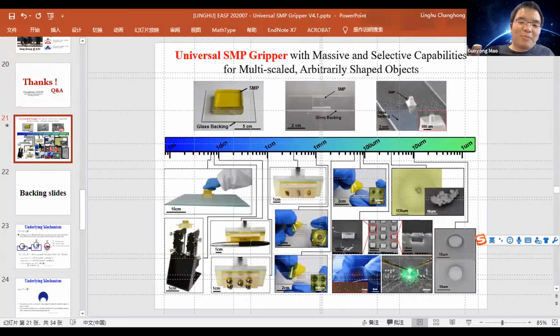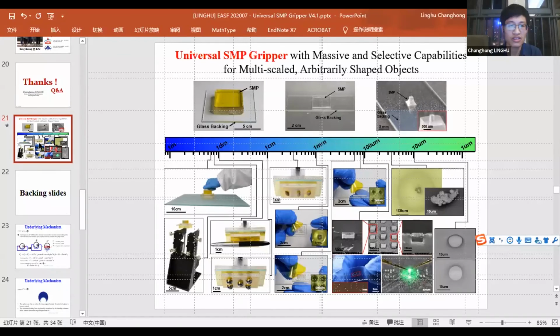In your slides, the object is a very simple shape, like a sphere or a cube. I'm curious if you could grab some more complex object, or will they be destroyed during the gripping process?